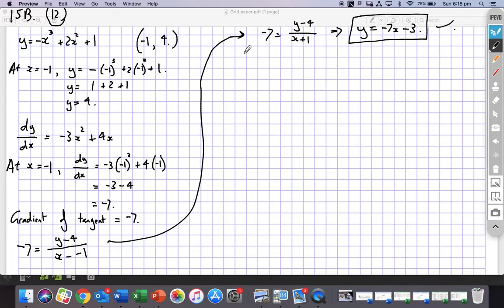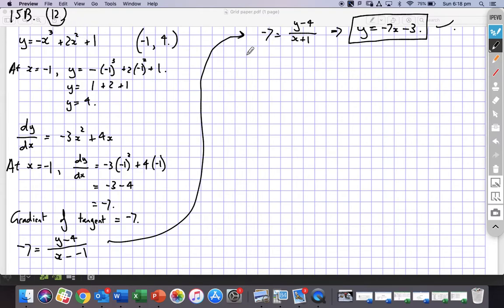We've got to think about where this tangent meets the curve. Well, I already know it should meet the curve at x equals minus 1. If I put a minus 1 in here, I should get a 4. And I do, because minus 7 times minus 1 is positive 7, just like when I put a minus 1 in the curve, I got a 4.